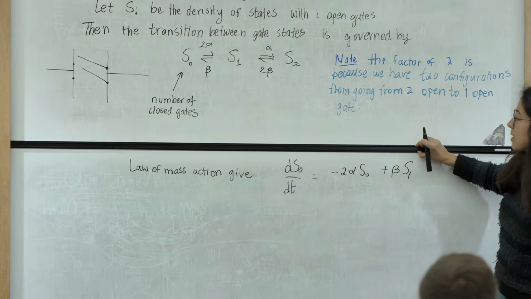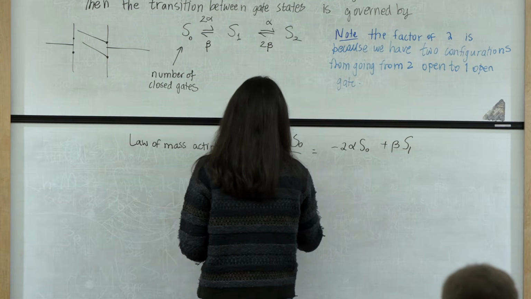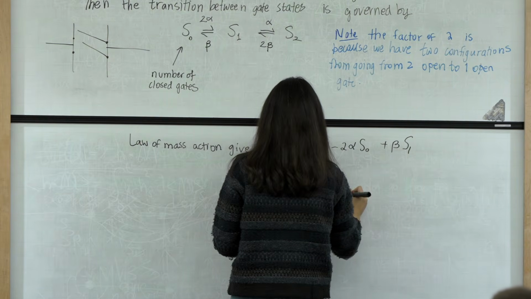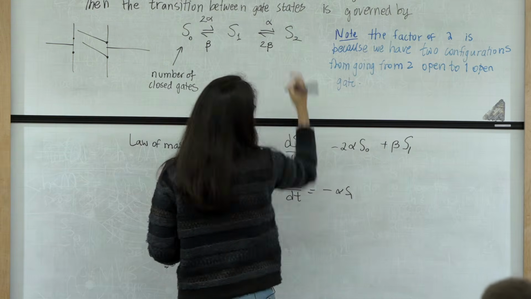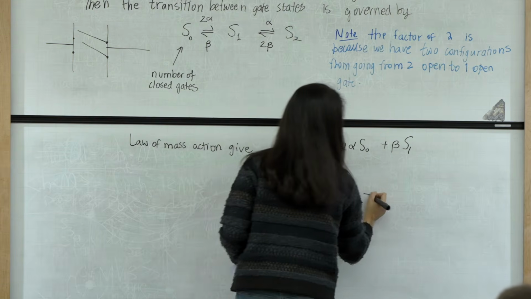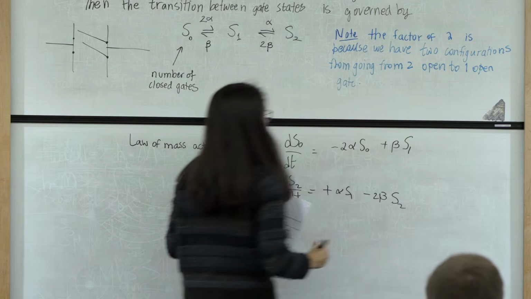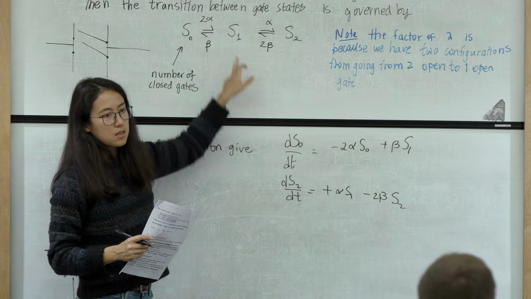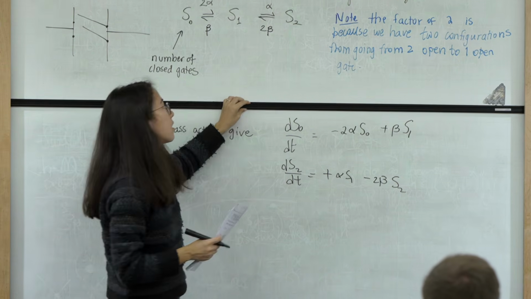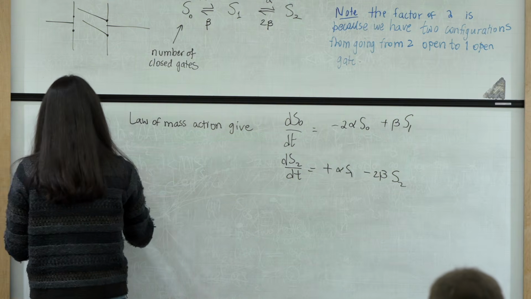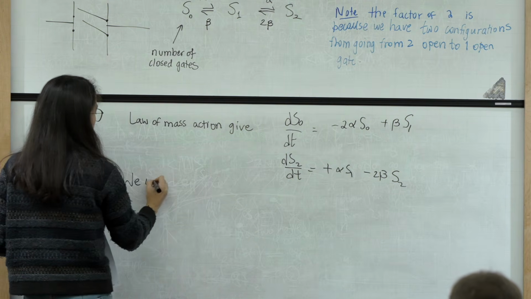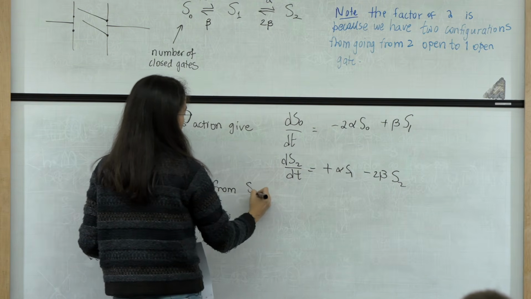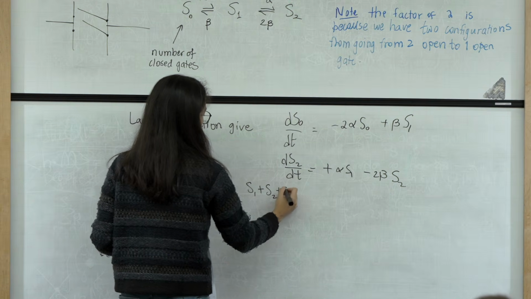OK, so I'm going to write also the equation for S2. For S2, you're gaining from the alpha, so it's going to be plus, and then you're losing these 2 beta. So if you see these 2 equations, the dS1/dt is a combination of these 2 other things, so you don't have to write it down. We can infer S1 from the fact that the sum of these is 1.